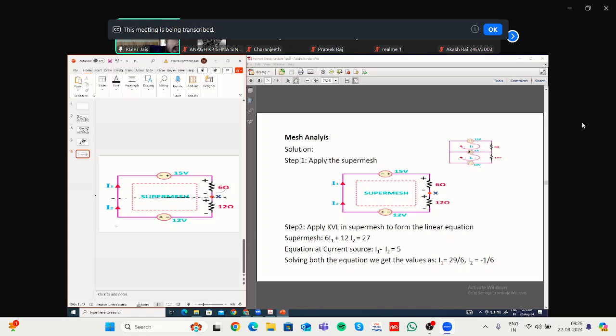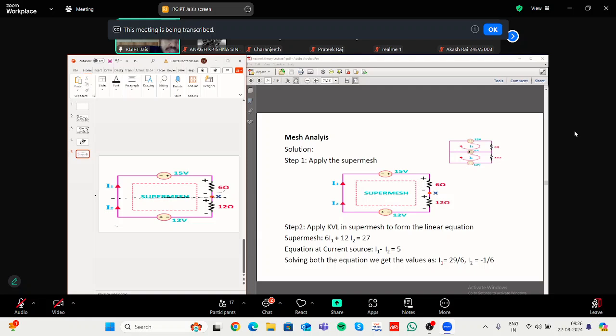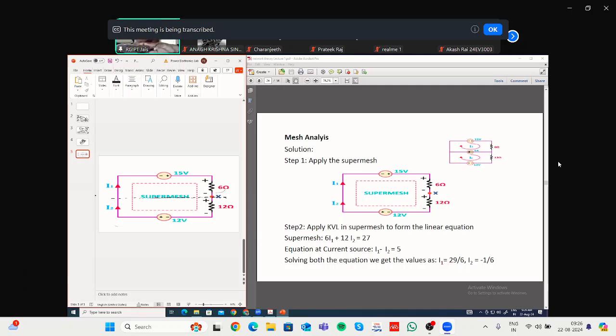So while writing the current flowing through the elements in mesh 1, you have to consider the current that you have considered for that particular mesh, that is I1. When you are writing how much current is flowing through this 12 ohm, you have to write I2, because that is the current you have considered for mesh 2. So you have removed the common current source, but you have to consider there is an imaginary line that divides this super mesh.